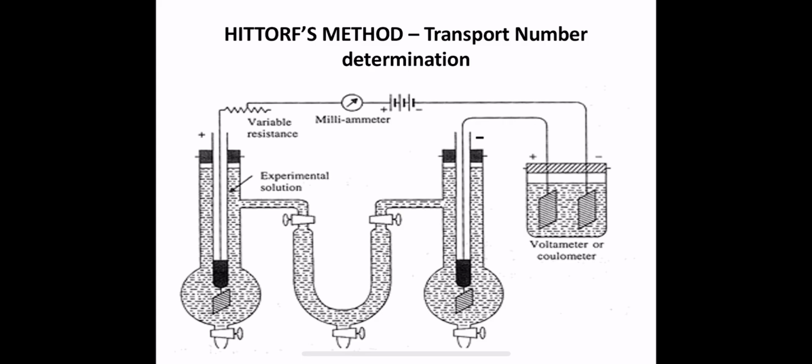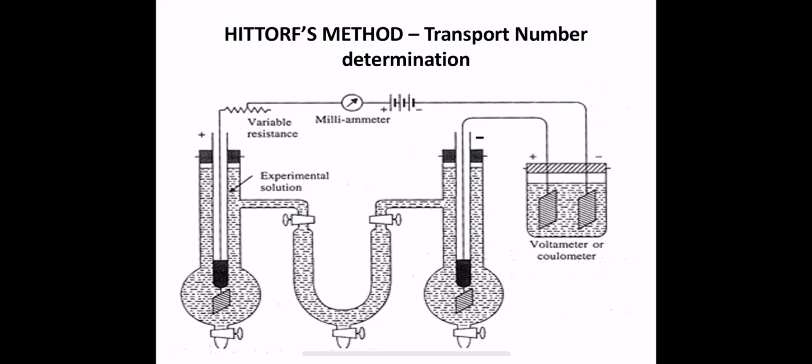We titrate the obtained silver solution in the anodic compartment against standard ammonium thiocyanate, and then the weight of copper deposited on the cathode of the copper coulometer is also determined. With the help of these two values we are going to find out the transport number of the silver ion.